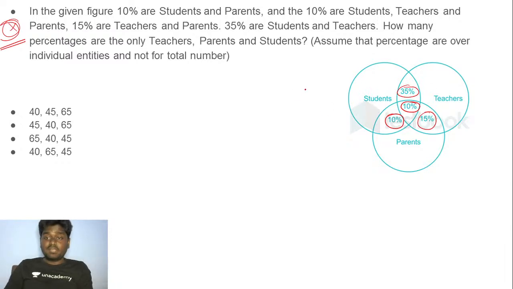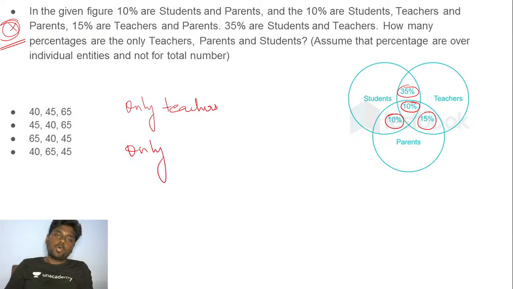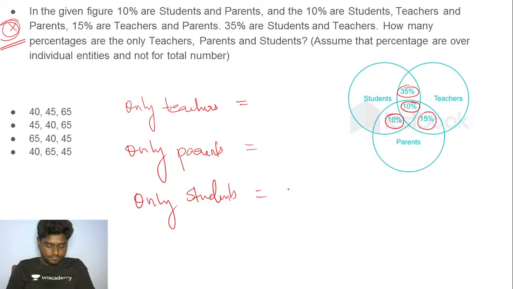You need to individually find how many percentages are the only teachers, only parents, and only students. Okay, so listen very carefully.